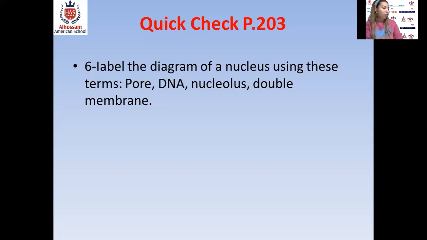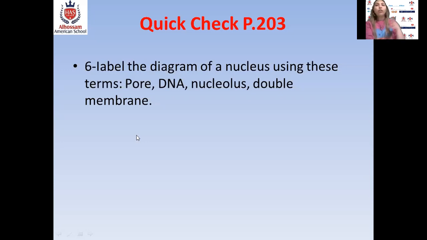You have the nucleus structure in the upper part, and it has missing labels. You can label with these terms: pore, DNA, nucleolus, double membrane. Let's start from the left side, it will be nucleolus. I know the picture is very dark, I'm sorry.